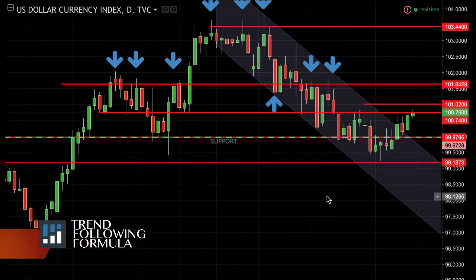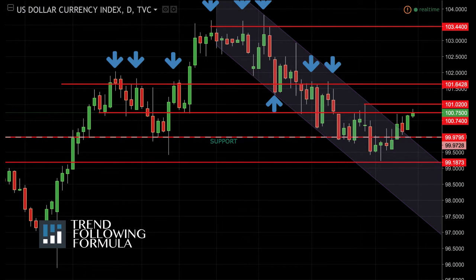As we mentioned for a while now, the dollar index is in a downtrend, as you see on the chart. It's very hard to argue against that. It's a very, very clear downtrend. It's not even sideways.